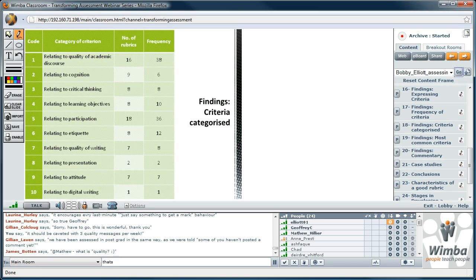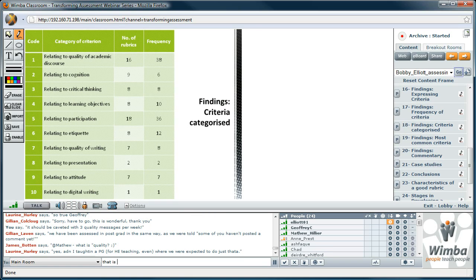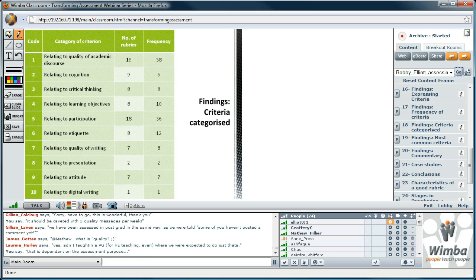Now, you could turn that round and say, you mean that there were 4 rubrics that had nothing to do with the quality of academic discourse, and that would be a true conclusion. 4 of the 20 rubrics genuinely had nothing whatsoever to do with the quality of academic debate. A really surprising and worrying finding, I think.